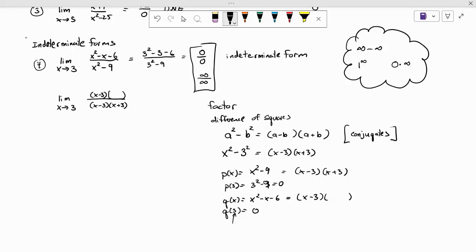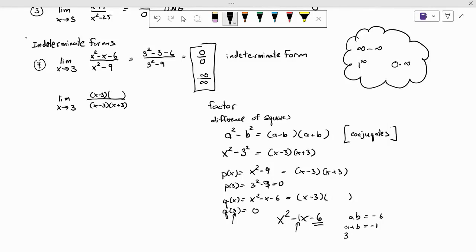But what would the second factor be in the numerator? Recall that we're looking for two numbers that multiply to give you the constant term. So be careful, that's a negative 6. But that add to give you the coefficient for the middle term, negative 1.